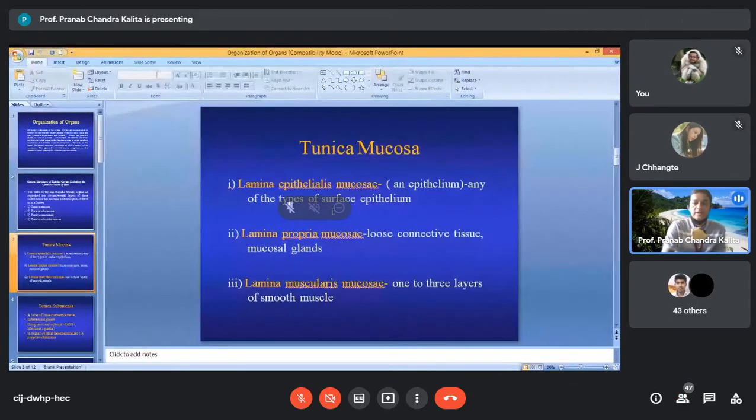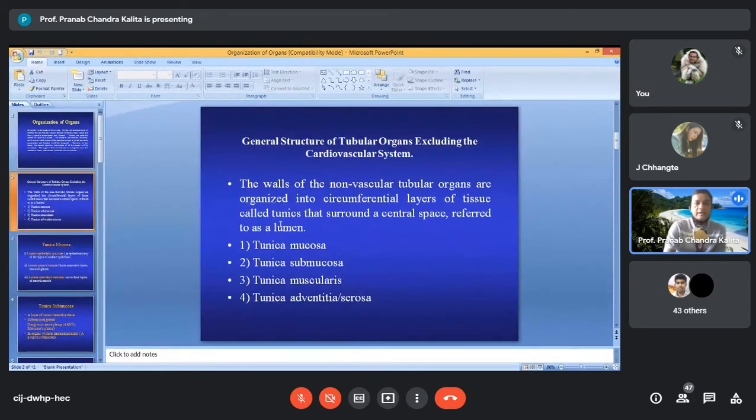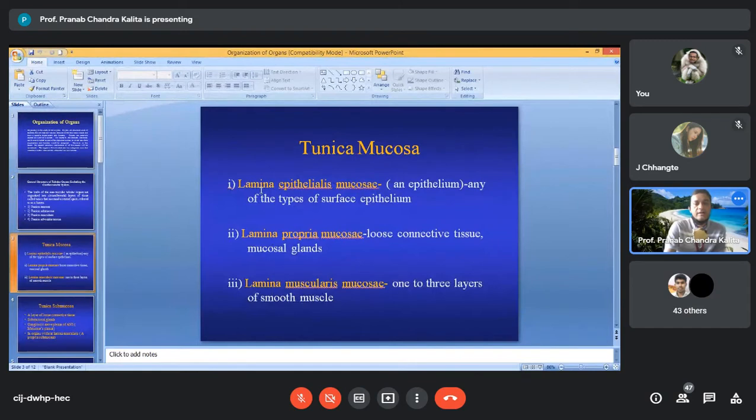The second layer is called lamina propria mucosae. And the third layer is called lamina muscularis mucosae. Remember the term: here the term is lamina, but in the main layer it comes as tunica. So in the main tunics it is always tunica, but in the sub-layers it comes as lamina. Got the point? So now what is its content?